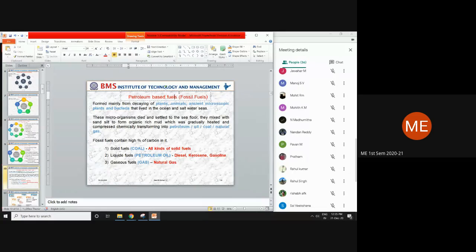So how are these fossil fuels formed? Can anyone tell? Rishabh? They are the decay of plants and dead plants and animals. Yeah. How it is formed: thousands and thousands of years ago, the plants, animals, or any microorganisms, all those things which decayed or were buried inside the land, underwent a technical process.